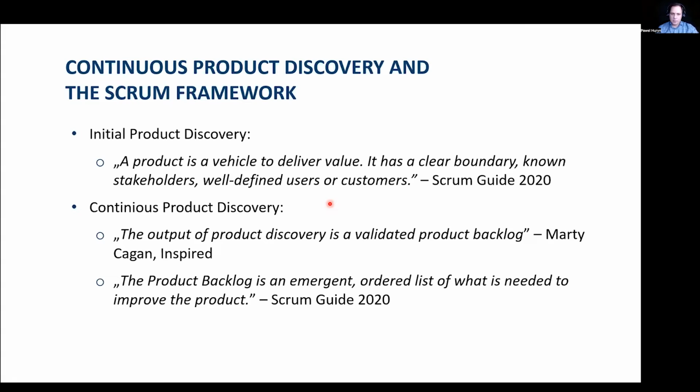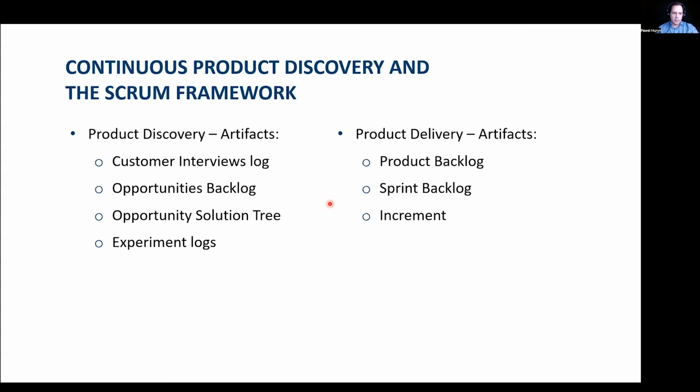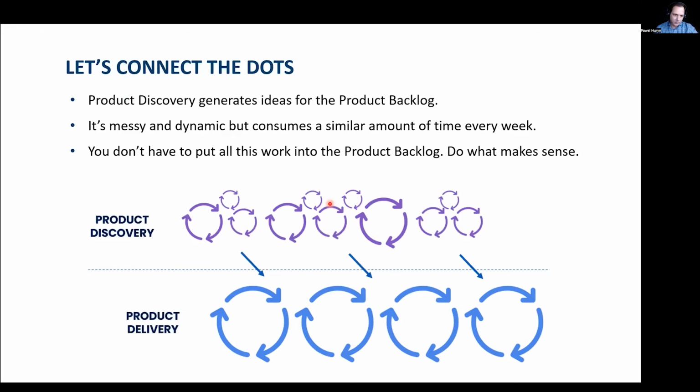And here I collected artifacts of product discovery and of product delivery. They are different, but I think I will skip it. You can read it later. It is just to show that product discovery and product delivery are two different things. And you have already seen that picture. So if we connect the dots, product discovery generates ideas for the product backlog.